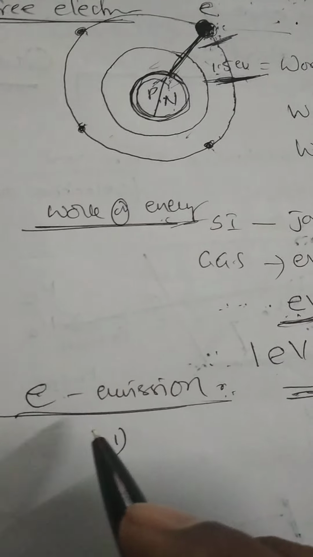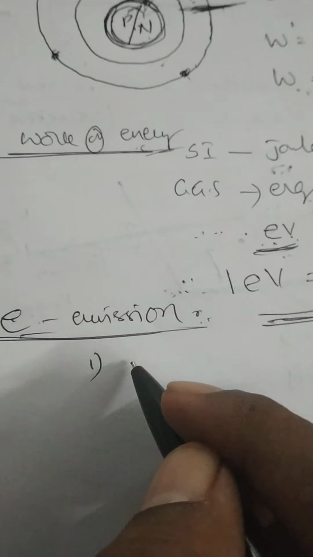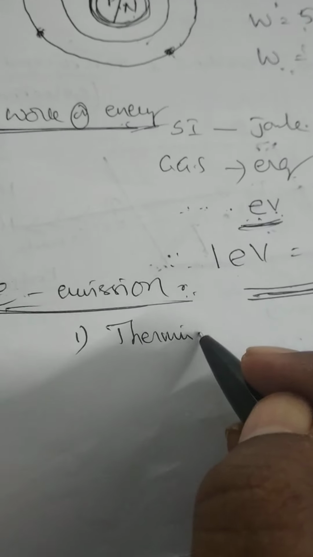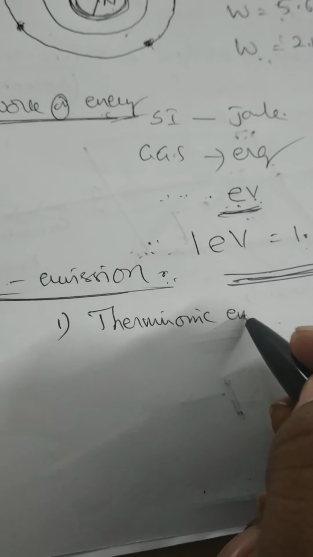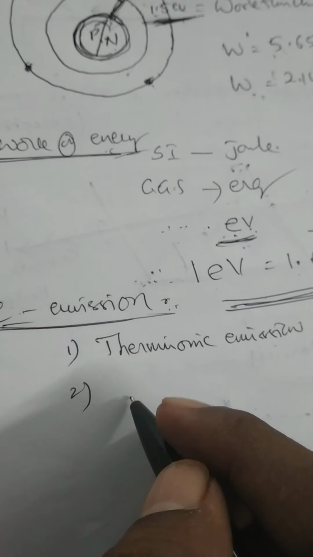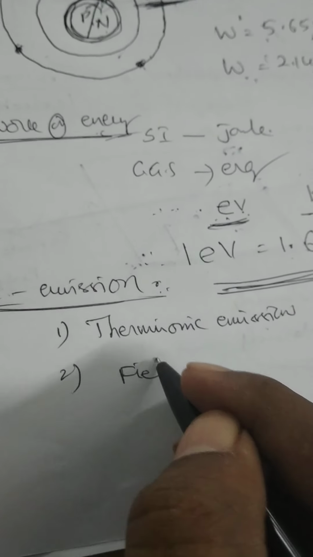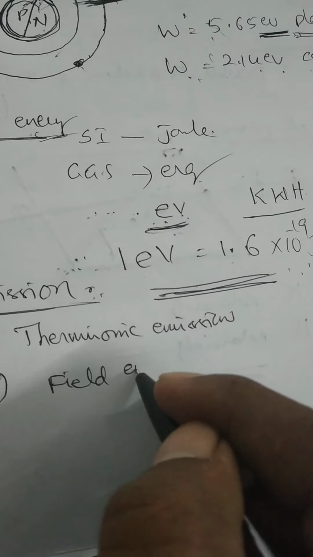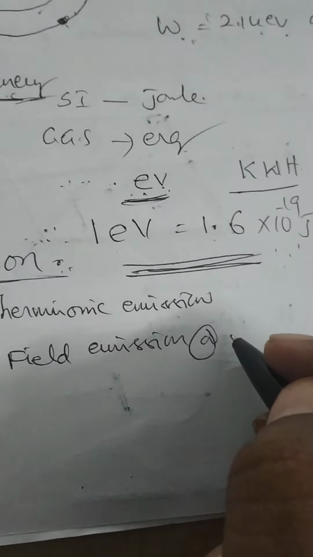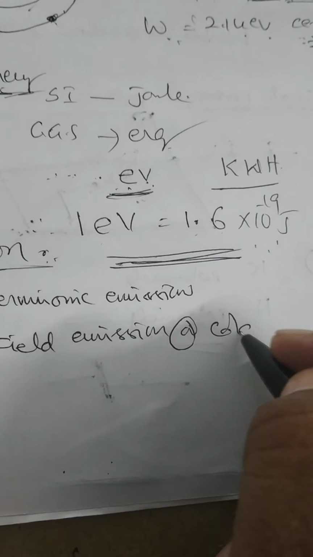In general, electron emission is of 4 types. First one, thermionic emission. Second one is field emission, also called cold cathode emission.